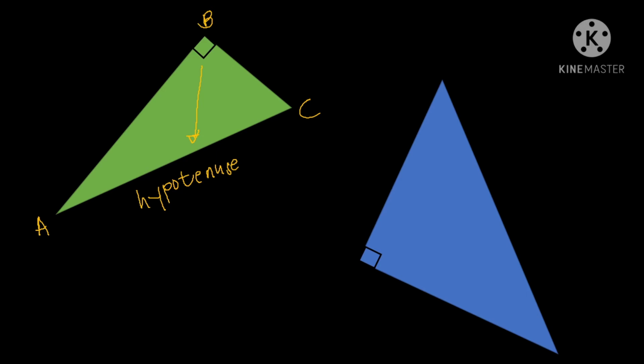And then, example, your reference angle ay nandito sa angle A. So, yung opposite side niya is etong side BC. And then, yung adjacent side niya po, itong kalapit na side, this is your adjacent side.